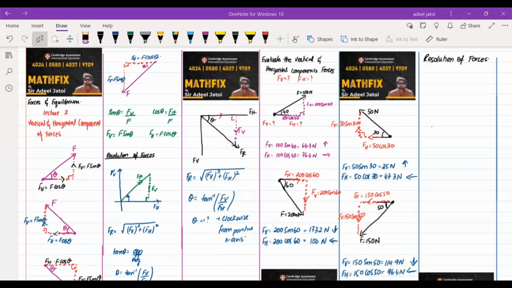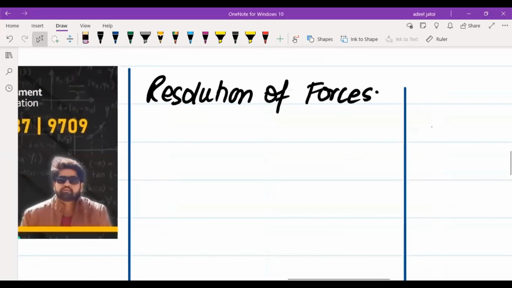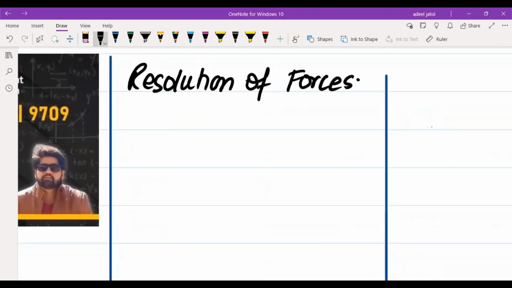Now let's work upon the resolution of the forces. Now, what does this mean? Let's say the question is such that there is a force which is given, FV, or let's say directly it is given as 350 Newton.